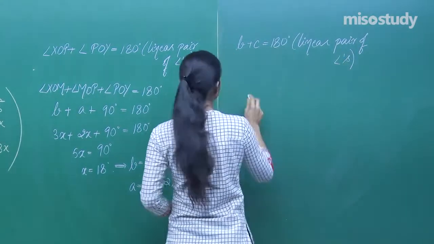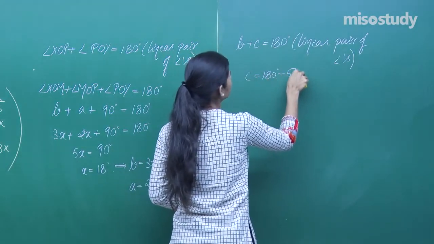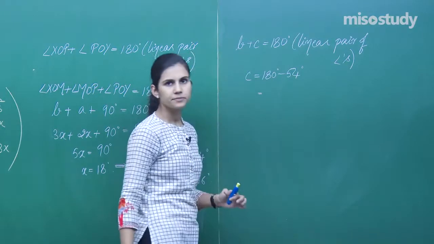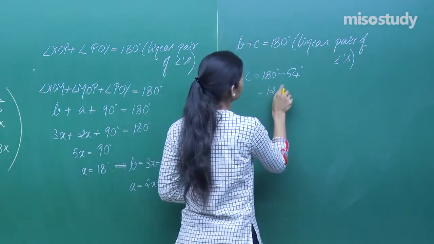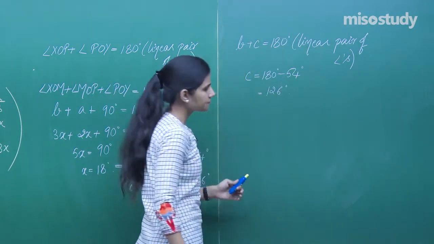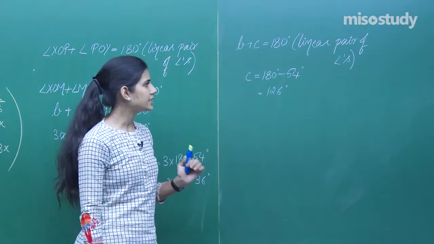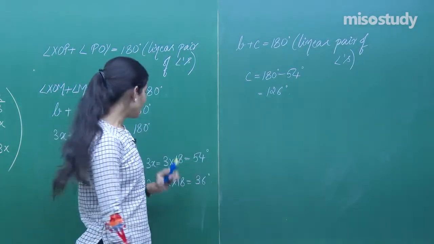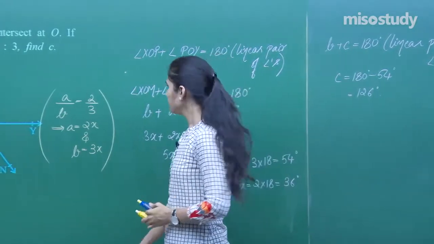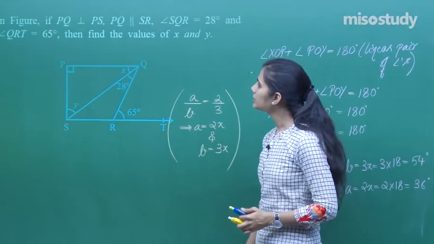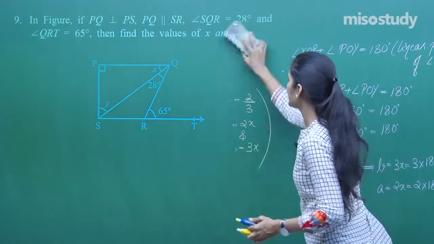So B is equal to 54, so C is 180 minus 54. Are you understanding? So you will have 126 as the answer. 180 minus 54 gives you 126 as the value of C. So you have value of A, value of B, value of C. Clear?